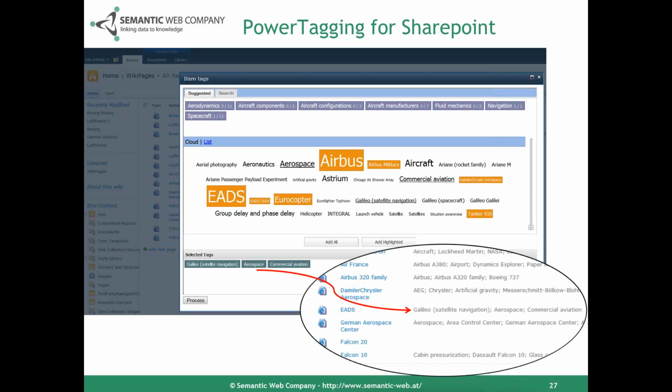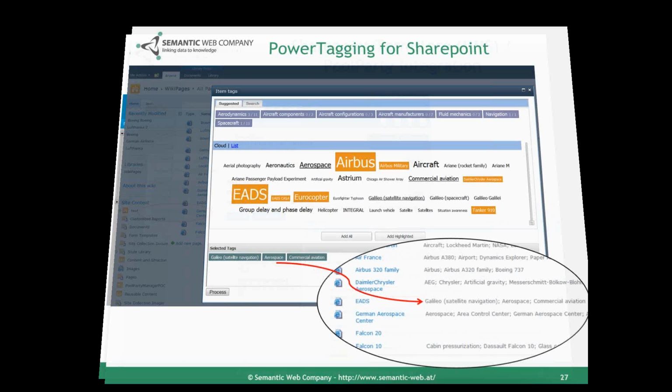Probably you have just put in a text in your SharePoint, and the tagging dialog will help you to find the right concepts to tag your content with. And later on, of course, all the synonyms and so on can be stored in the SharePoint Termstore and can be indexed together with your content, which means you're going to have all the information you have in your enterprise vocabulary to annotate and classify your SharePoint content.